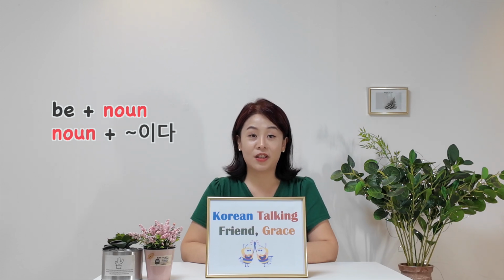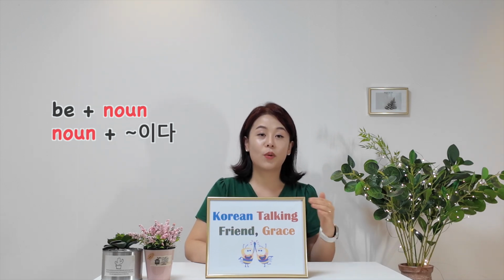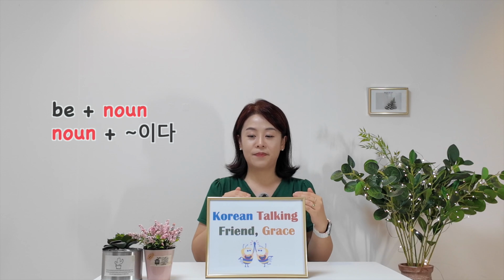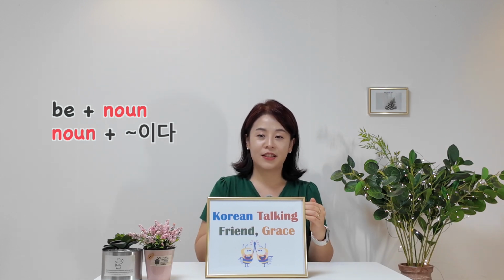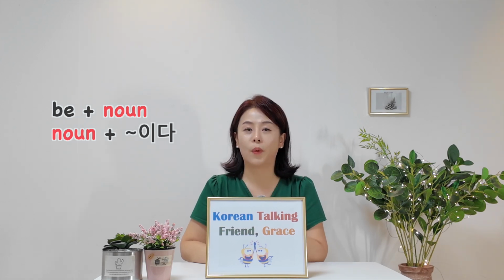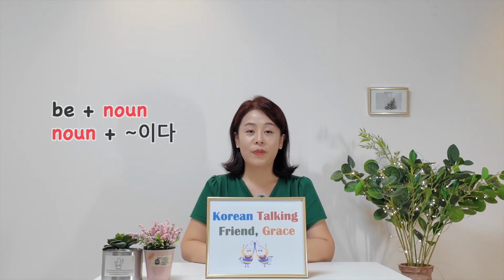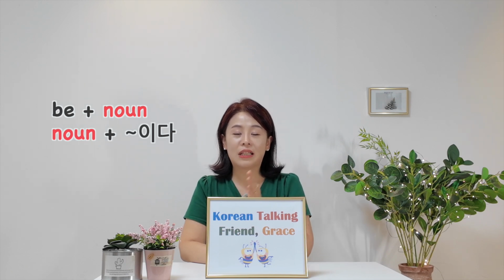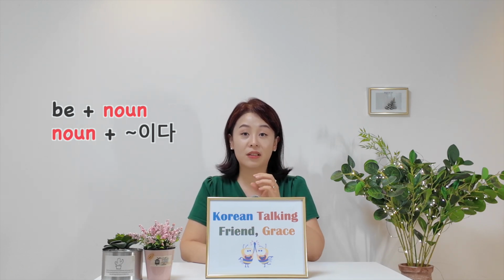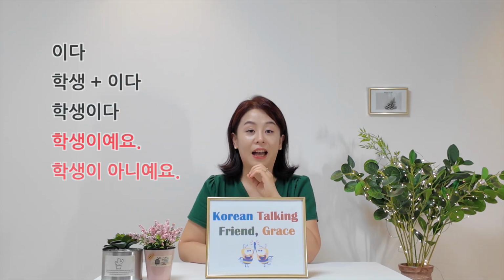Okay, and this is the last one. 이에요 is the present conjugation form. When you say something is not so and so, like "I'm not a student" or "it's not coffee," how can you say it? In this case, you have to use another form, which is 아니에요. After the noun, you use the particle 가 or 이, but 아니에요 is used instead of 이다.